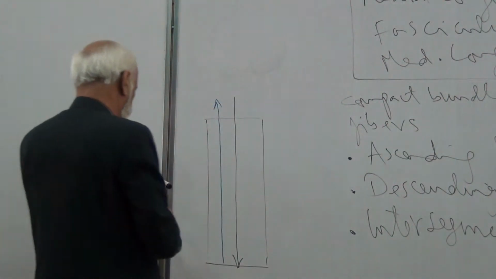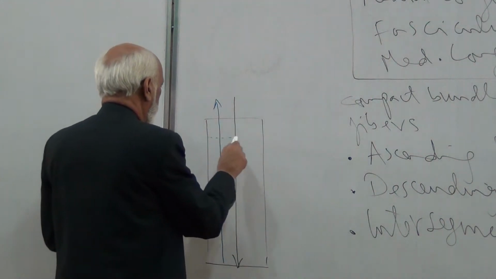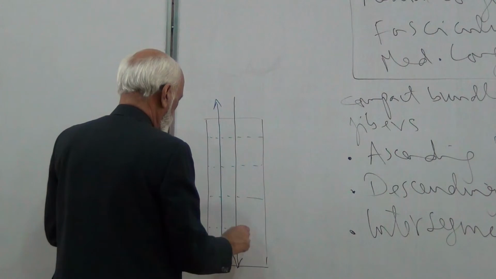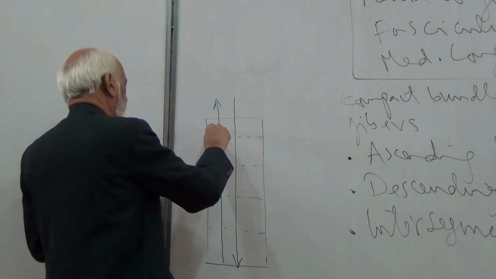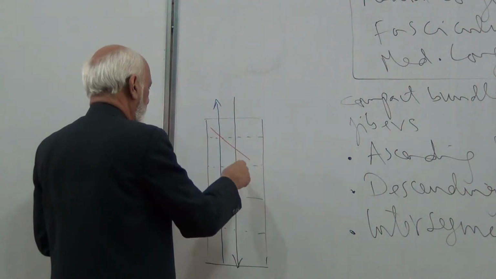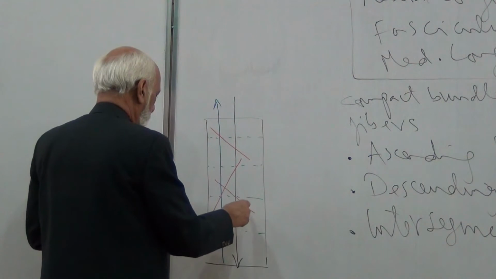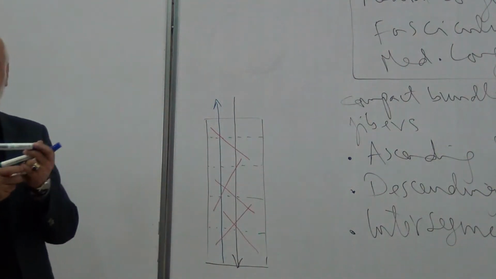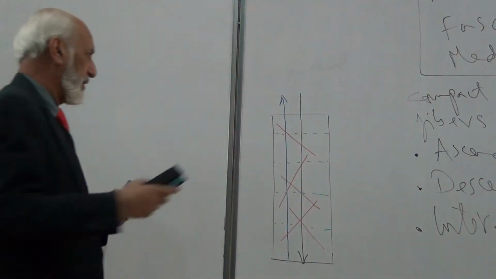So there are fibers which interconnect different segments. Short fibers interconnecting adjacent segments. Such type of fibers are known as the intersegmental fibers.